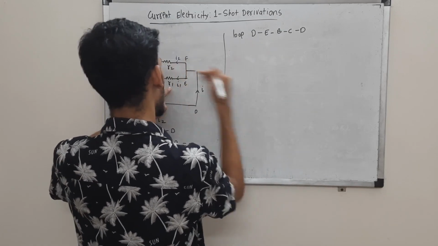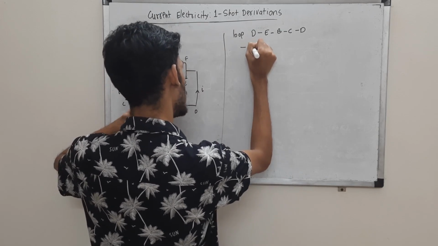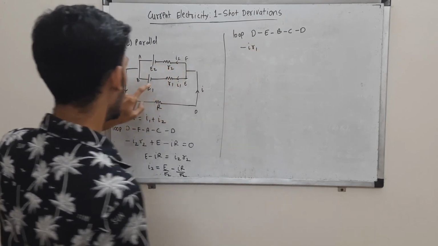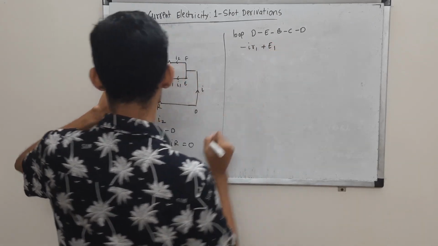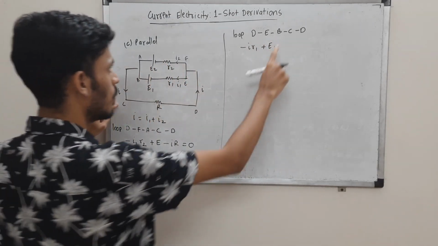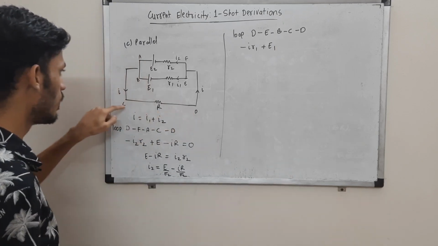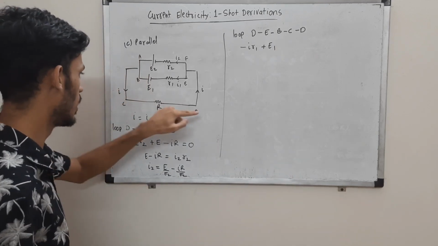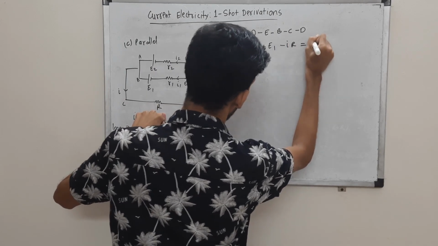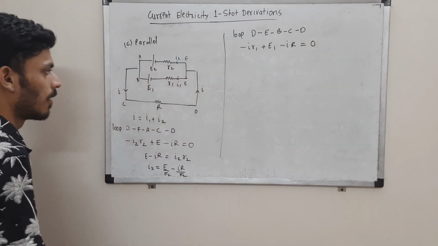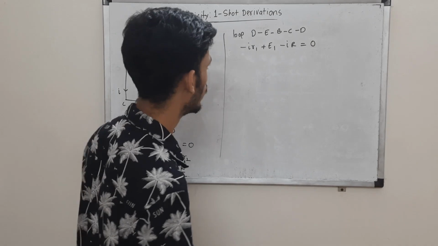One is a resistor, we are moving in the same direction as that of the current, so minus, then negative to positive, so plus E1. Then moving from C to D we are moving in the direction of the current, and the resistor is R, so IR, that will be equal to 0. We are applying KVL over here.